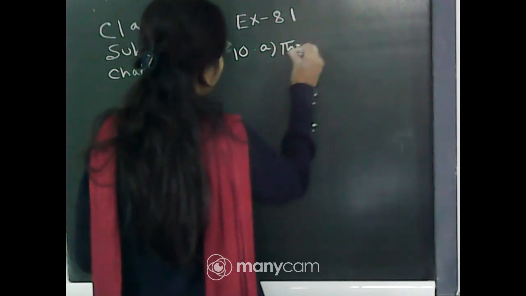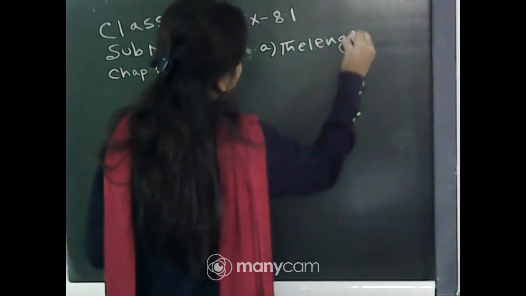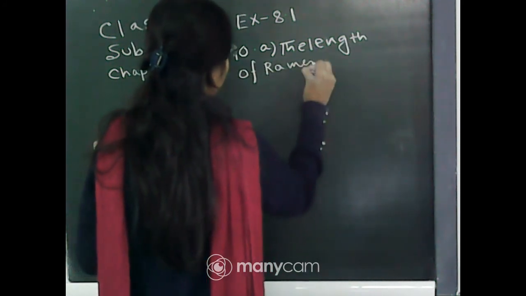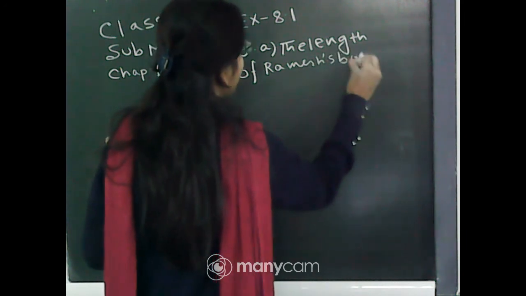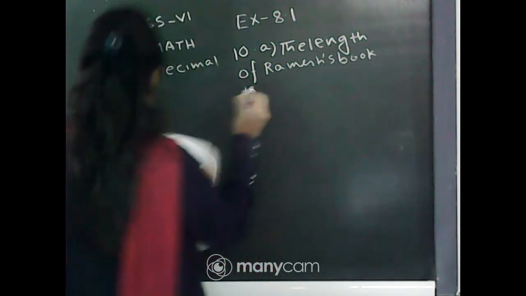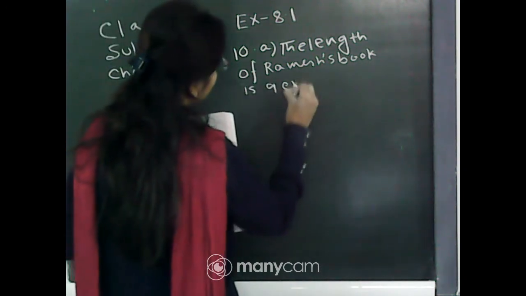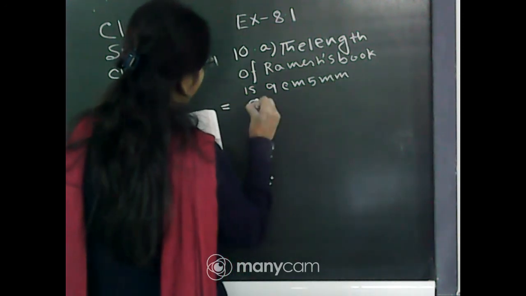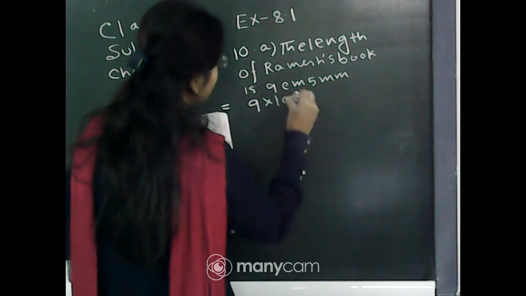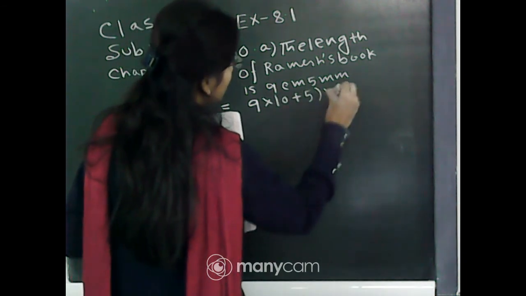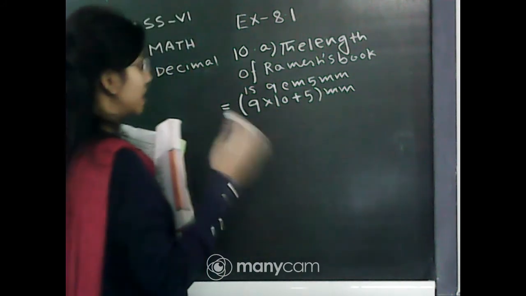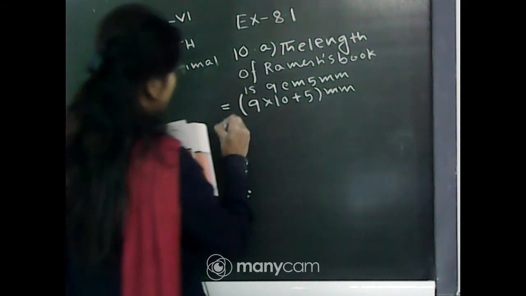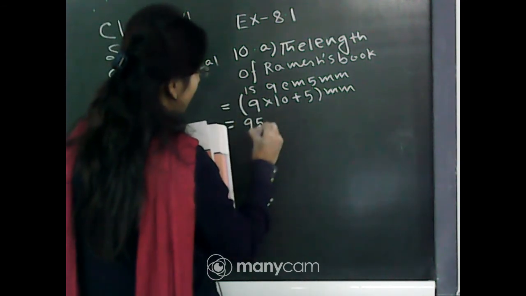The length of Ramesh's book is 9 cm 5 mm, and this is equal to 9 cross 10 plus 5 mm. Since 1 cm is equal to 10 mm, therefore 9 cm is equal to 9 cross 10 mm, and therefore this is equal to 95 mm.